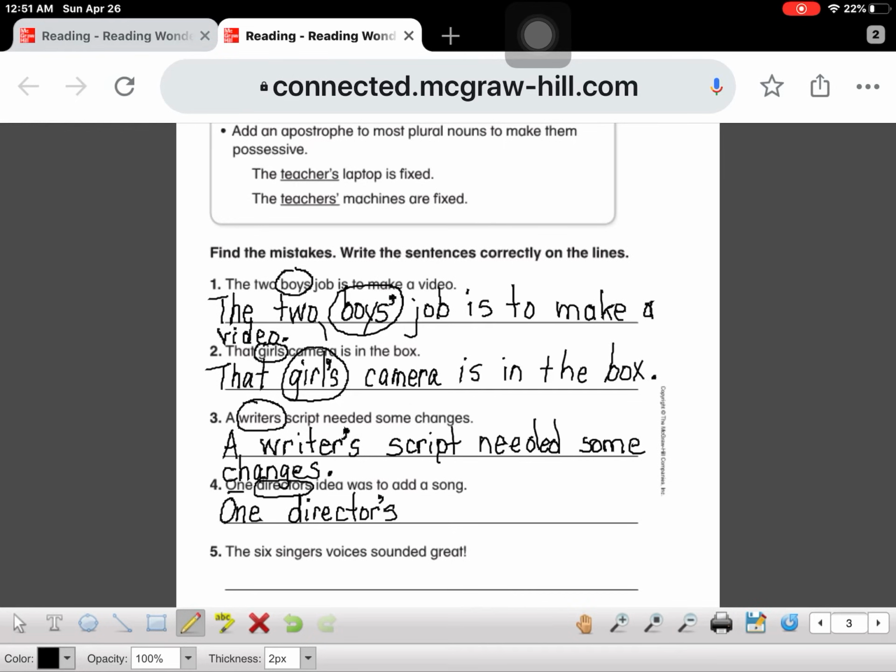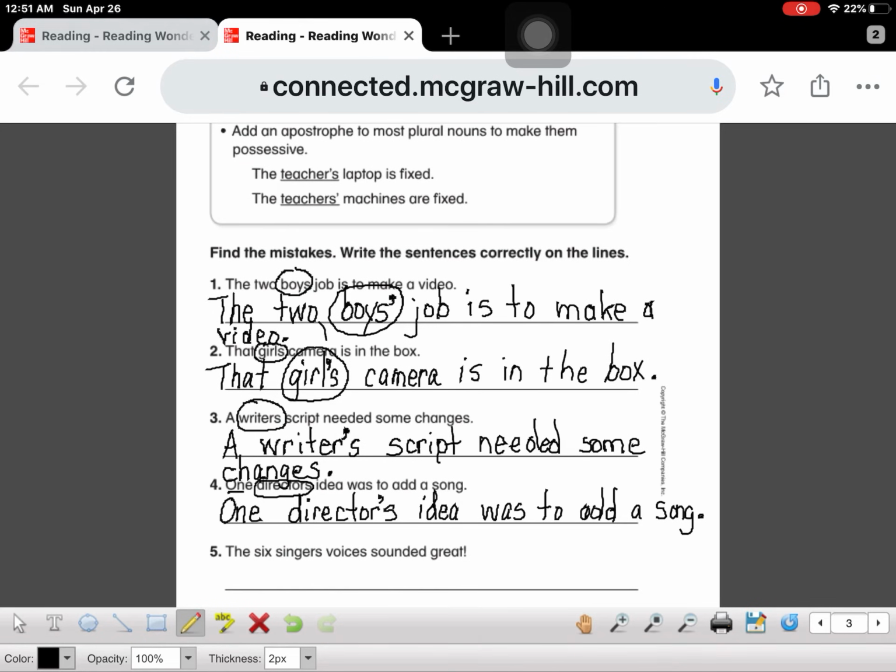See it right there? Idea was to add a, and I'll sneak that in there, song. Good. All right.